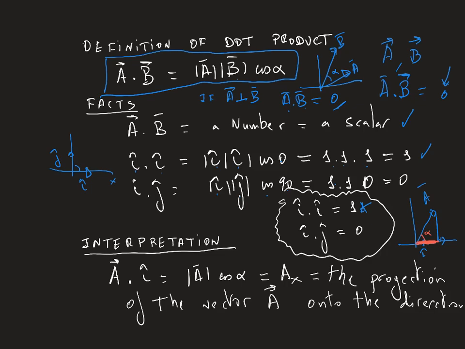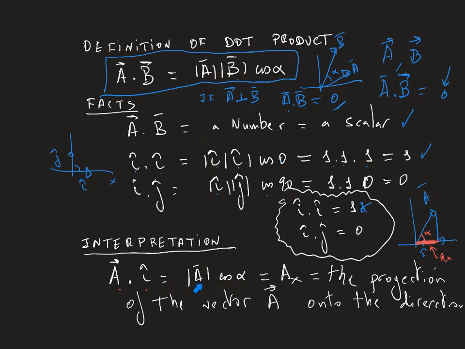So this is AX. A scalar I, again see the definition, in this case B is I: it is the magnitude of A by the magnitude of the second, that is I, whose magnitude is 1, by the cosine of alpha.